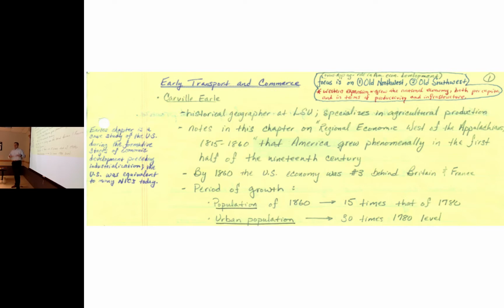And the proportion of people employed in manufacturing, or generally the secondary sector of the economy, would continue to grow until the mid-20th century. Okay. So this is a period in which we're looking at before that emergence of industrialization.